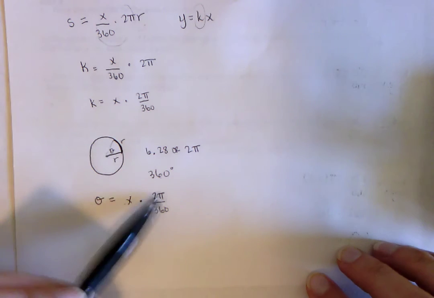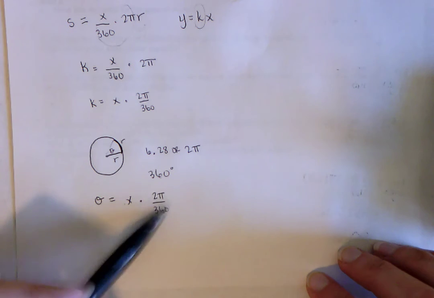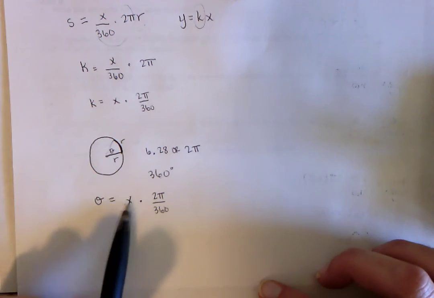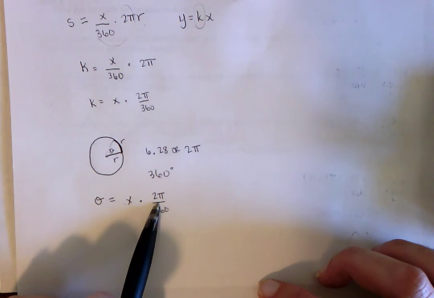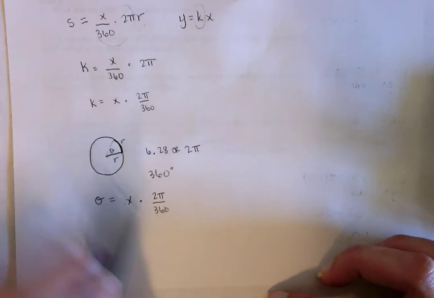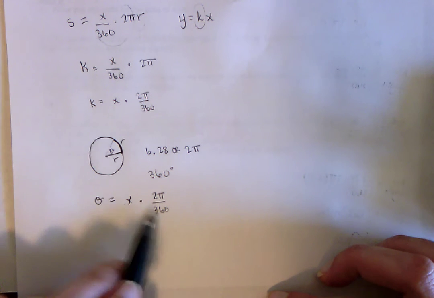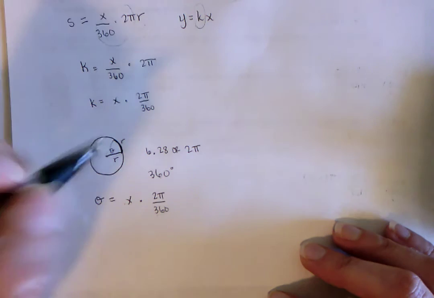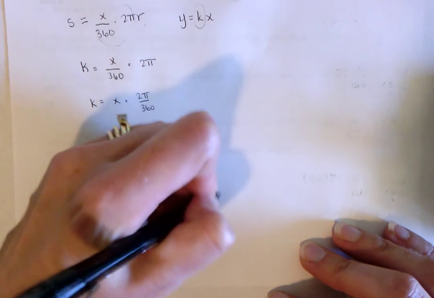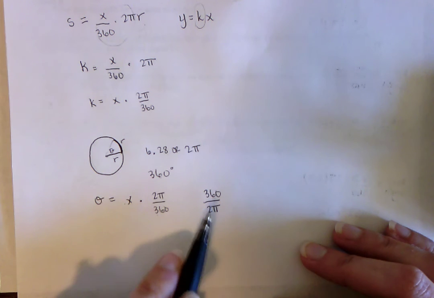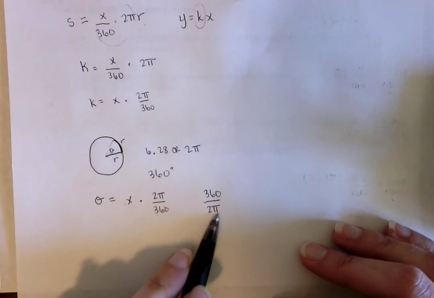So if we use this, basically we can use this right here to convert. You're taking your angle in degrees and you're multiplying it by really pi over 180 or 2 pi over 360. If you do that, you're converting it to radians because the pi is on the top. If you were to multiply it this way, you could convert from radians to degrees.